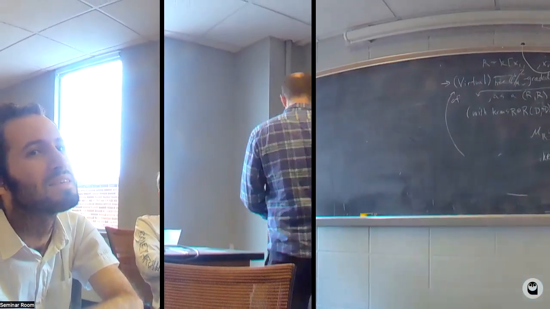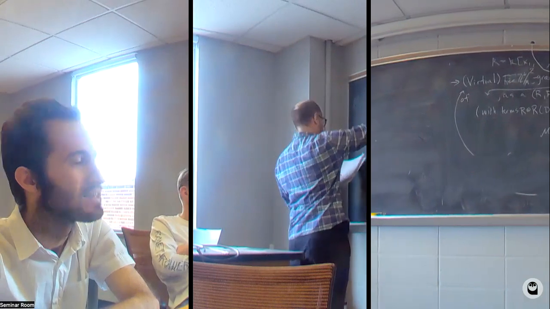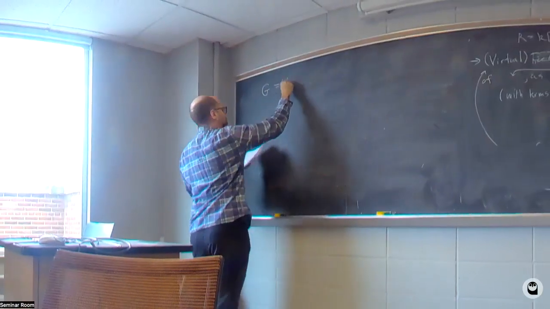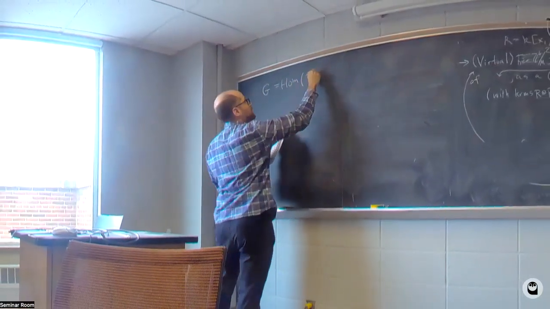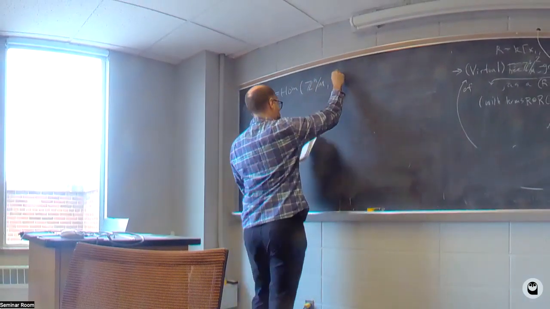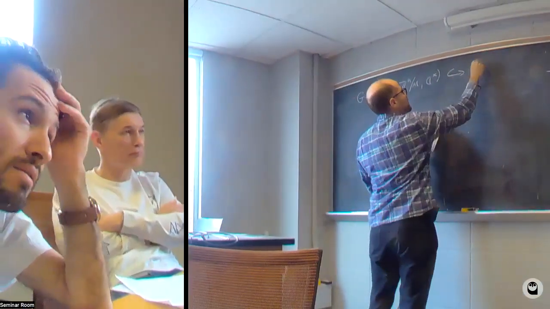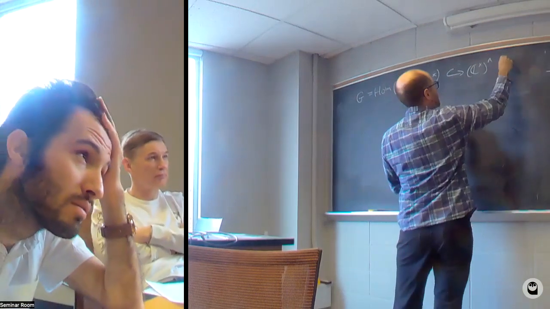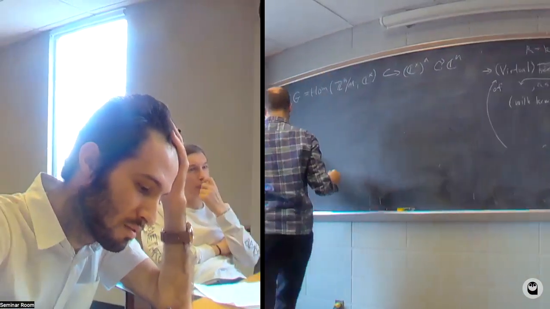So I can just say this. G is from this group, C star, so this embeds in (C star) to the n, and this acts on C to the n, and you get a quotient.